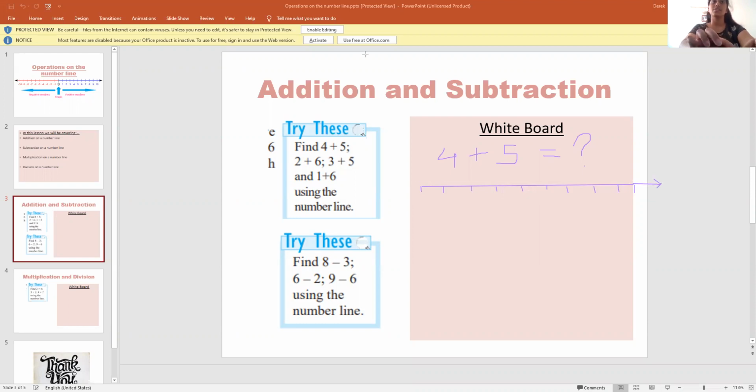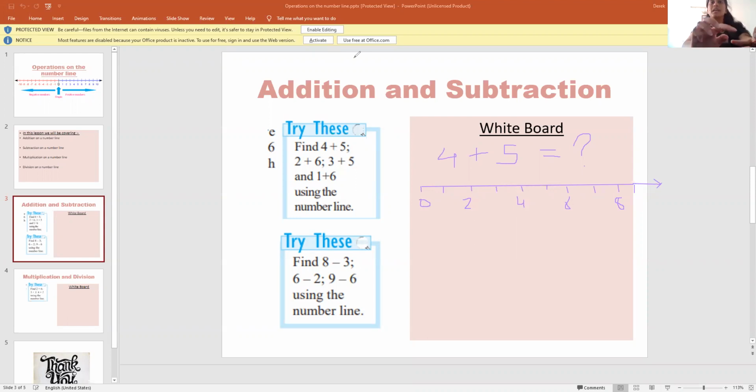You can mark all the numbers, but I'm just going to do it alternately: 0, 1, 2, 4, 6, 8. Otherwise it looks very crowded. You can write all the numbers, but it doesn't matter.